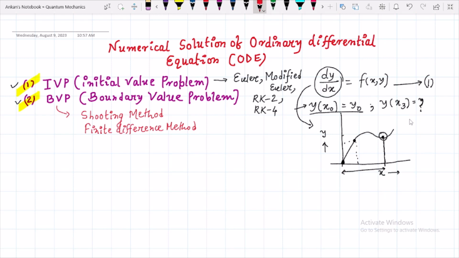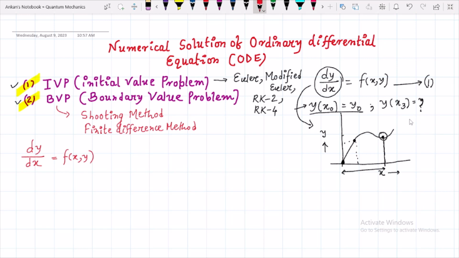So before discussing this, let us discuss this kind of differential equation. Let us write further. Here it is a general differential equation which must be solved.